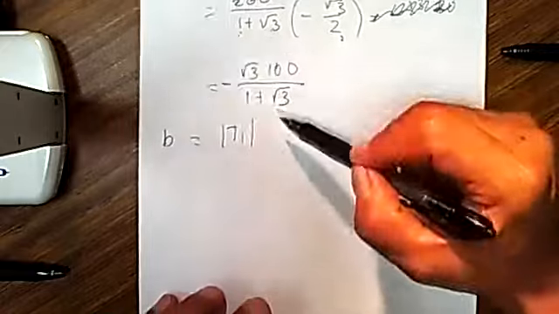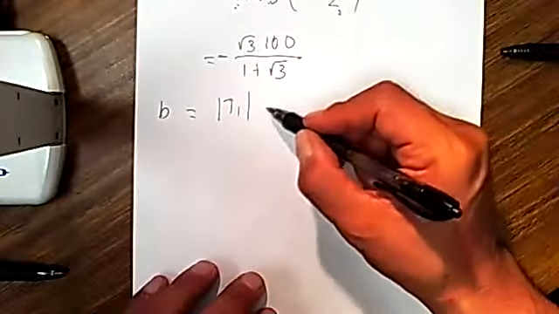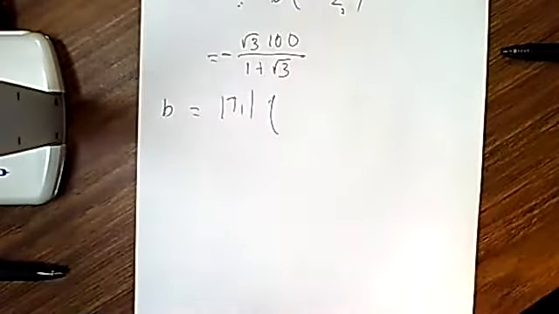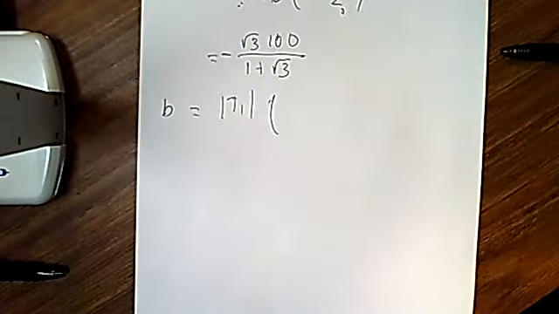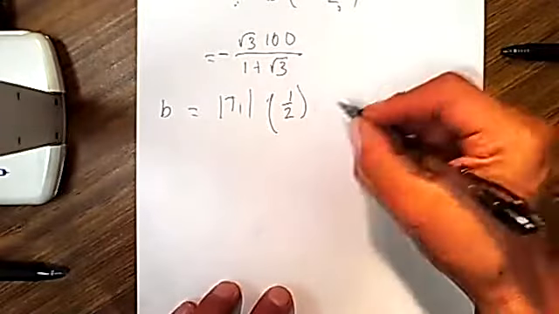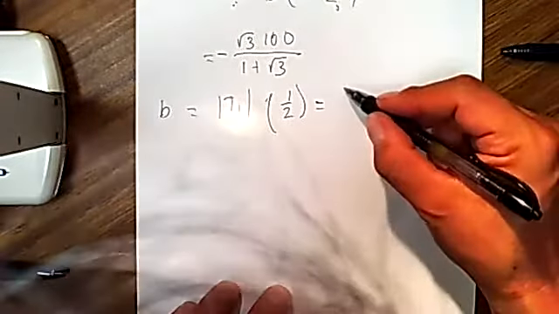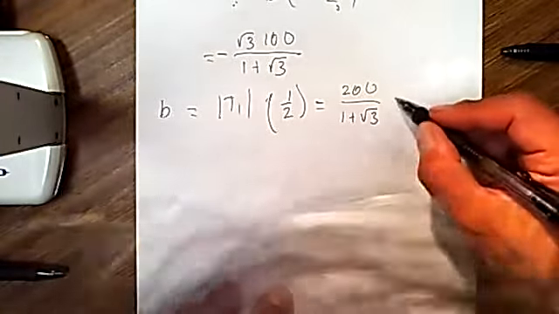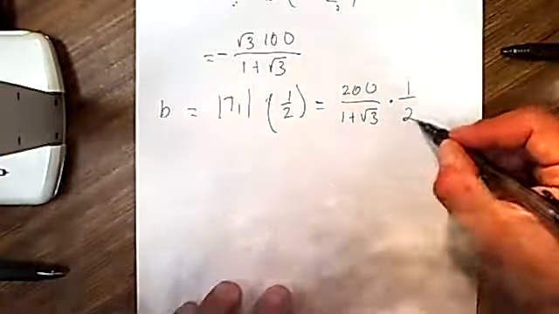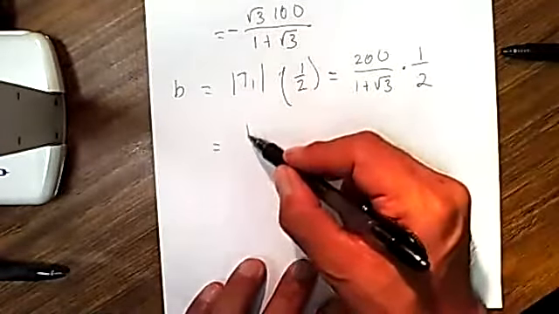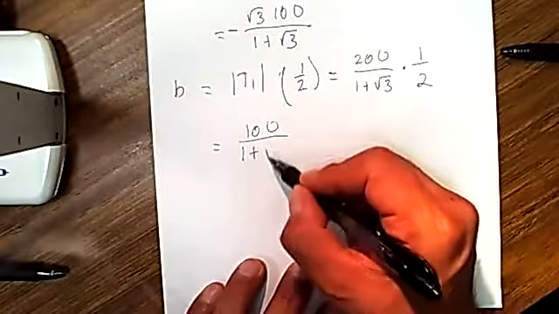The first tension multiplied by B, now I have to look at what B is on my sheet, 1/2, and that is 200 over 1 plus the square root of 3 as before, but this time we multiply it by 1/2, and that leaves us with 100 over 1 plus the square root of 3.